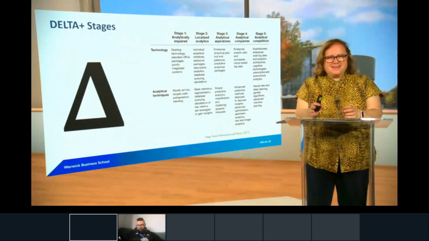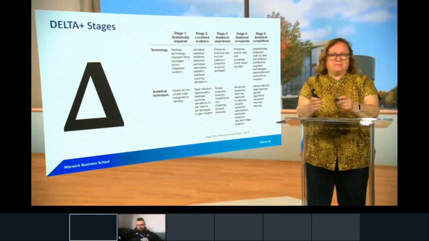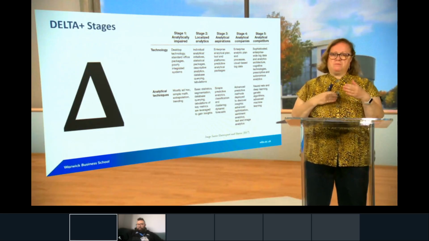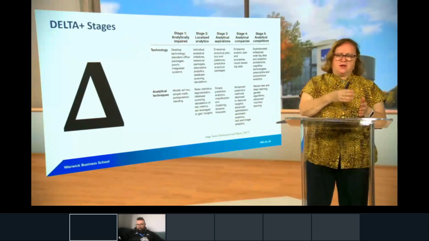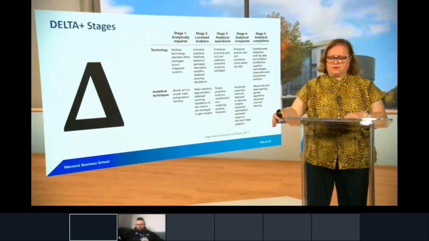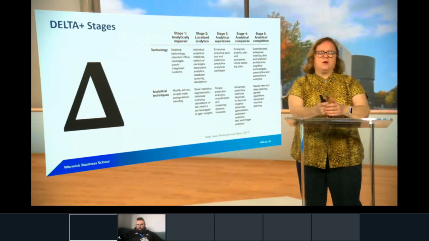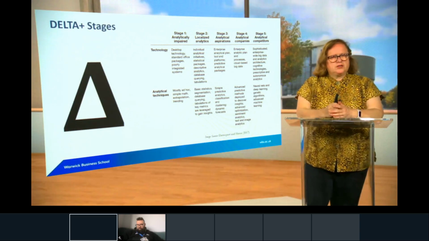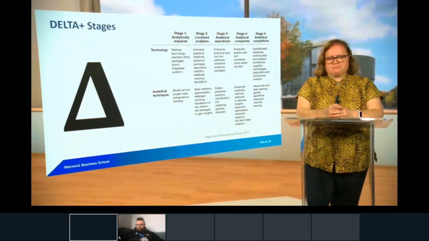Why have we done that today? Well, it's going to be the starting point of your assessment. And hopefully, having been through this as the first session, the other sessions that we then go through will help you to better appreciate what we're asking you to do through the assessment.